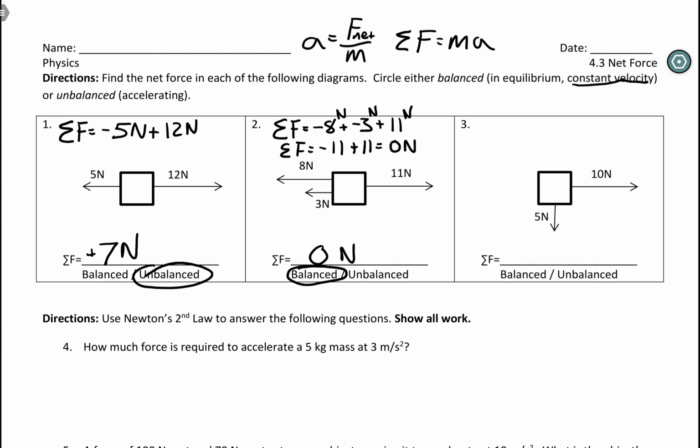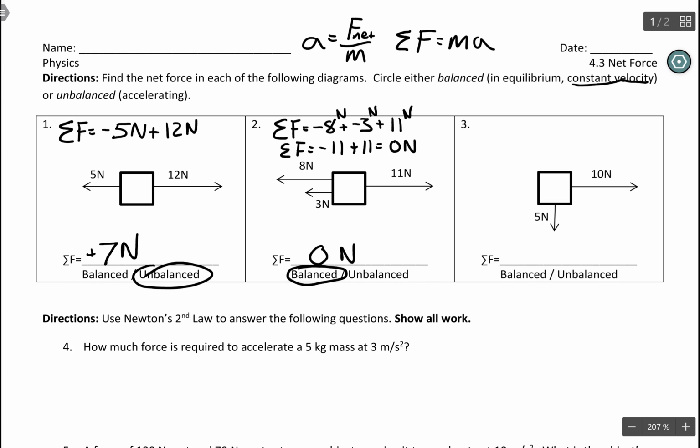Okay, number 3 is kind of tricky. You've got 2 forces, but they're acting in different directions on different axes. There's 10 newtons to the right on the x-axis and 5 newtons down on the y-axis. We're not going to write a formula like we did in the previous two. In this case, we have to do some vector sums, so we have to find the resultant.